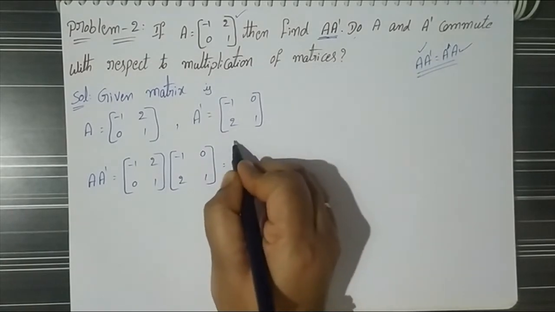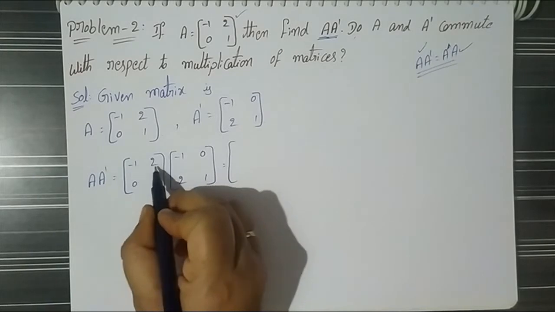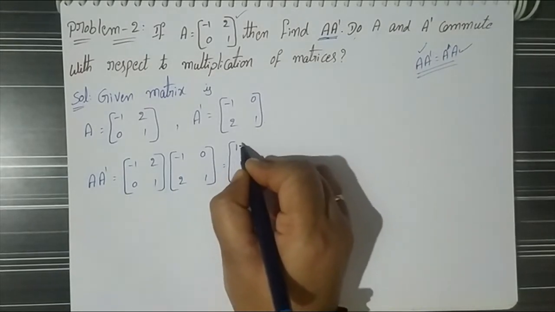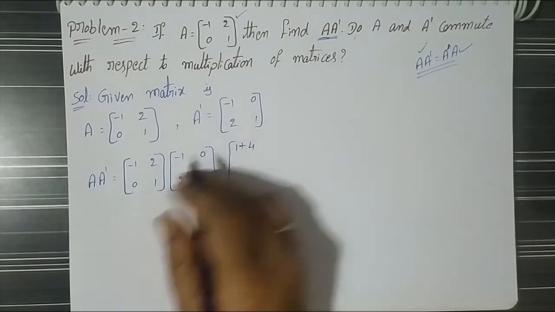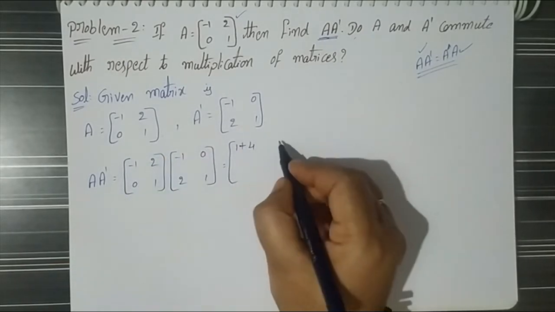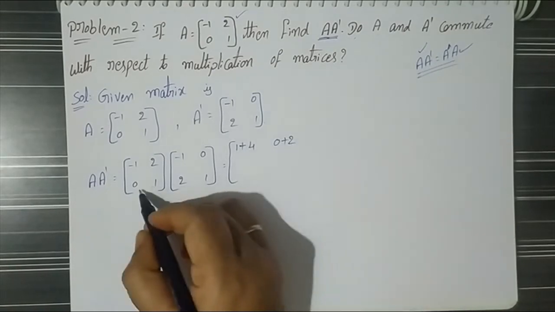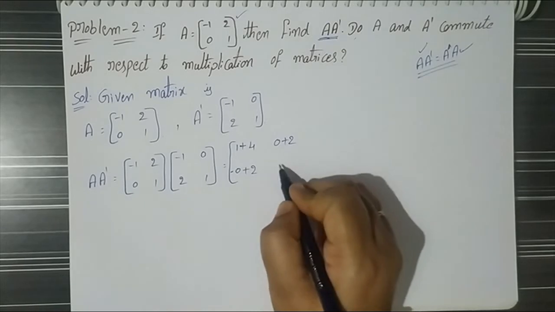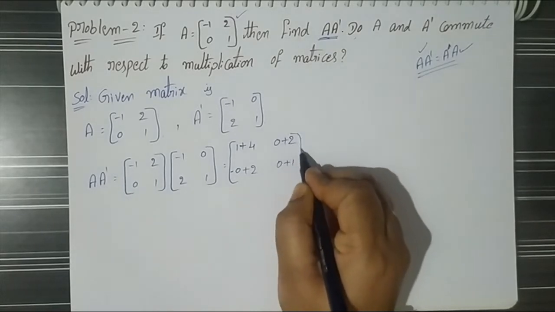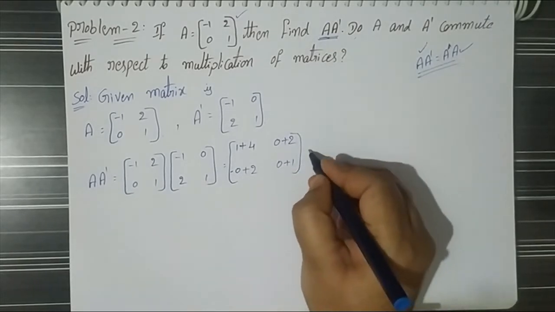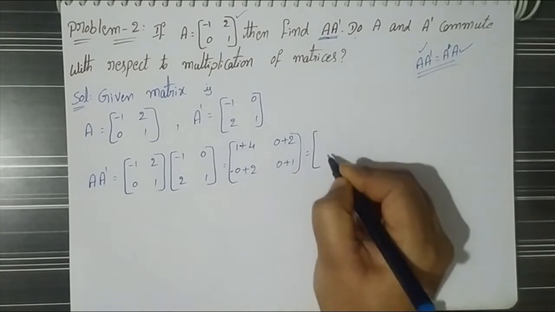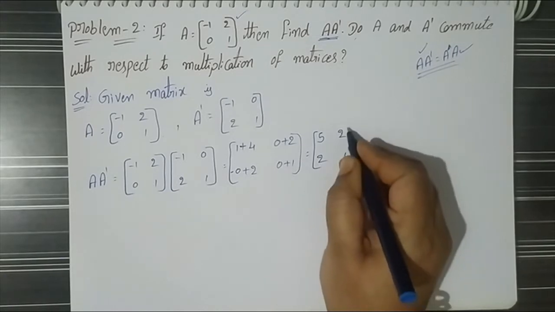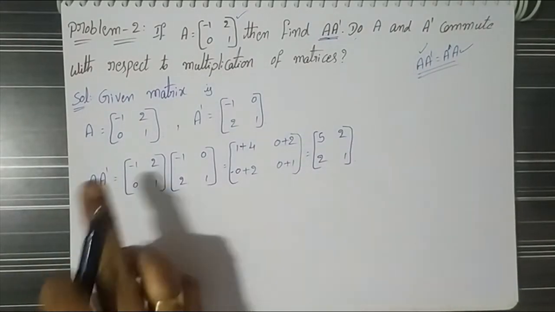First row first column: minus 1 into minus 1 plus 2 into 2, that is 5; then 0 plus 2, 2; minus 0 plus 2, 2; 0 plus 1, 1. That is equal to 5 2 2 1. This is the A A dash value.